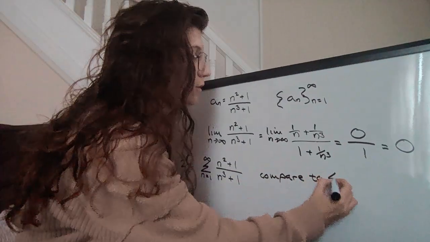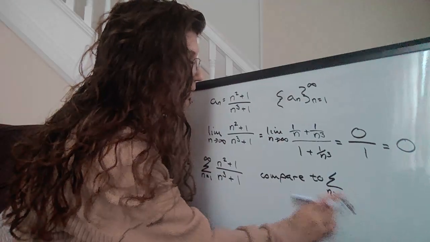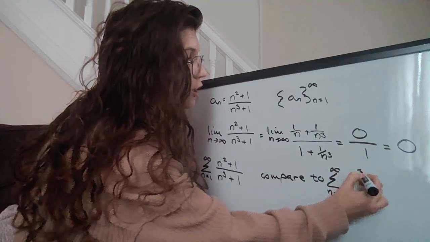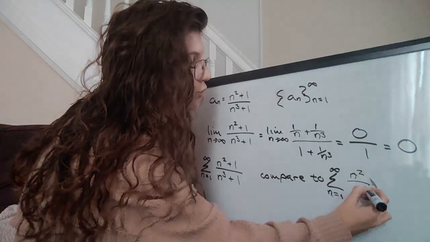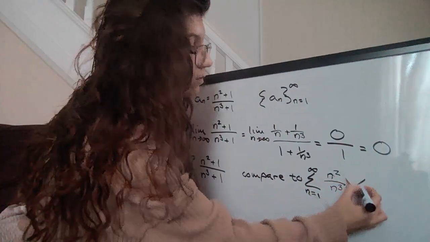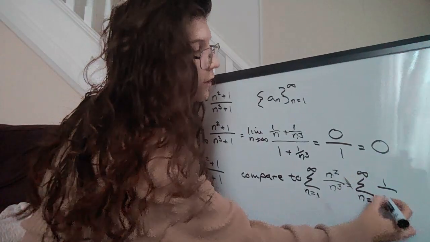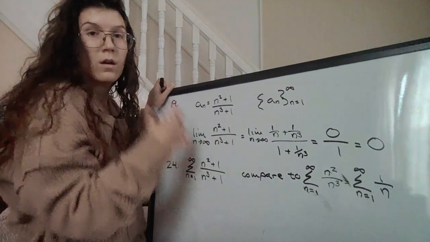So I can compare this to the sum from n equals 1 to infinity of n squared over n cubed. This would simplify to 1 over n if we cancel two n's.